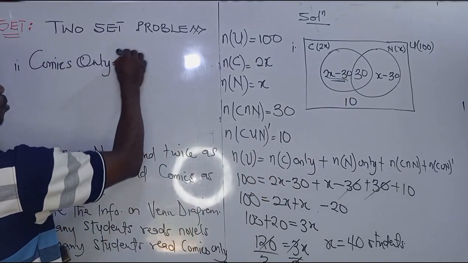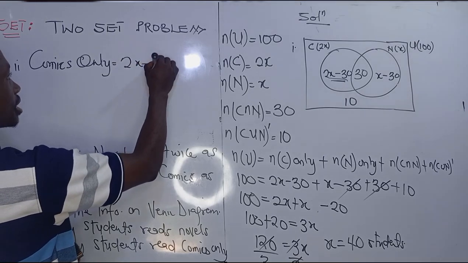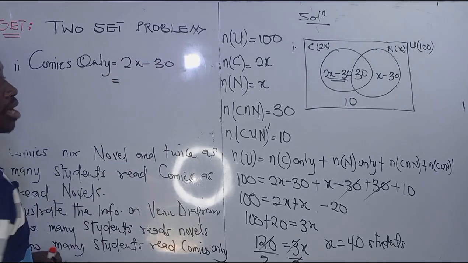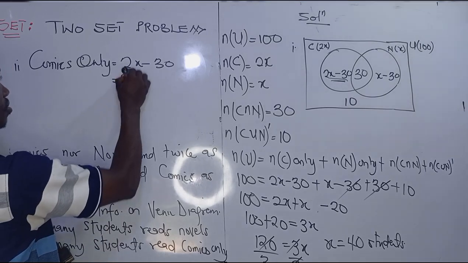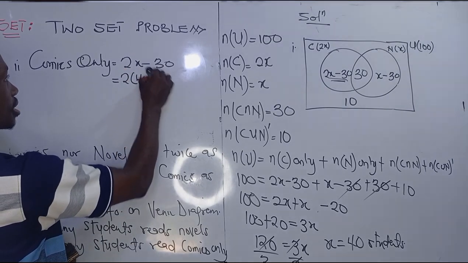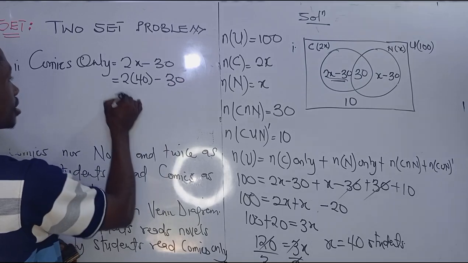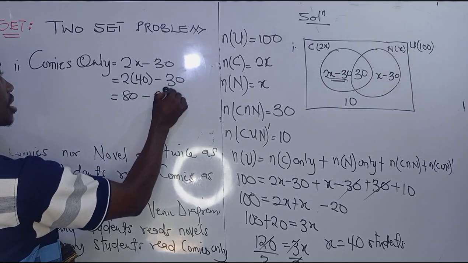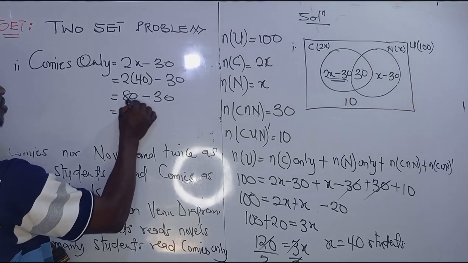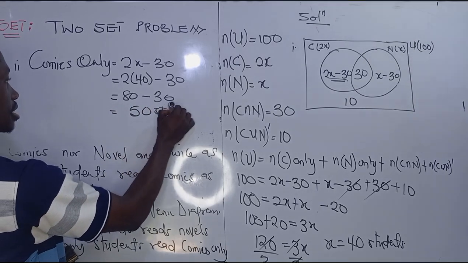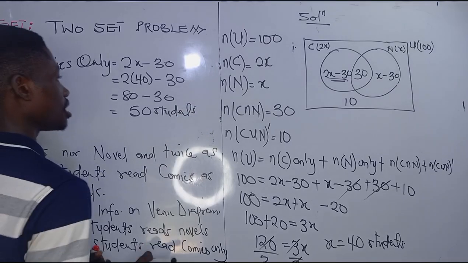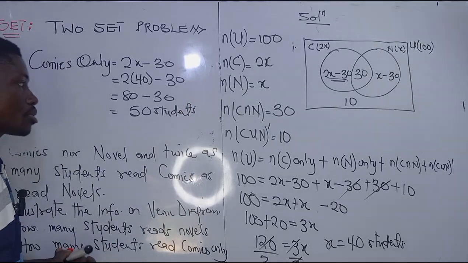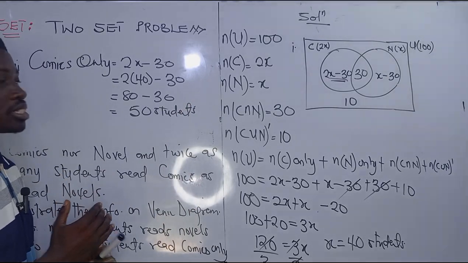We are going to have 2x minus 30, and we already know that our x is equal to 40. So we have 2 multiplying 40 minus 30. 2 times 40 will give us 80, minus 30, and at the end we have 50 students. So the number of students who read comics only is 50 students.